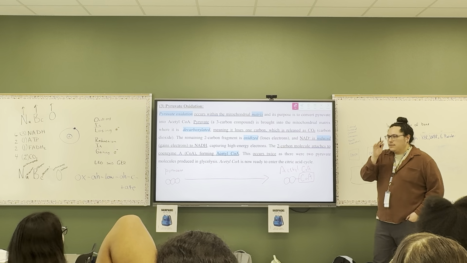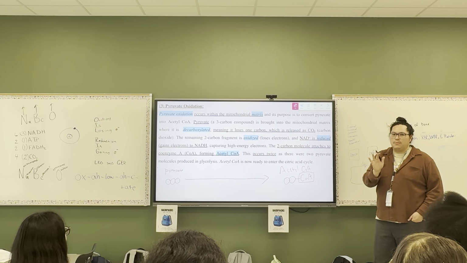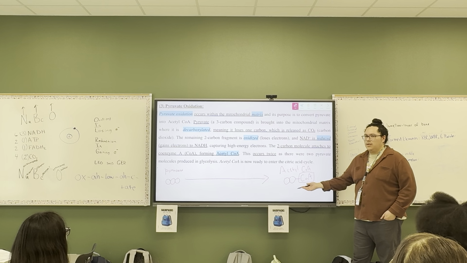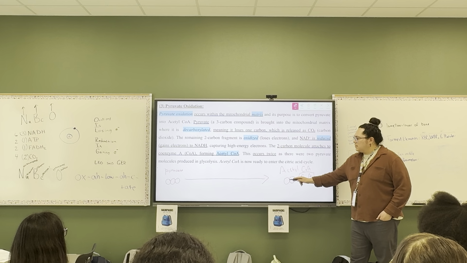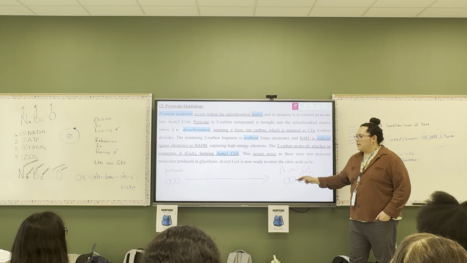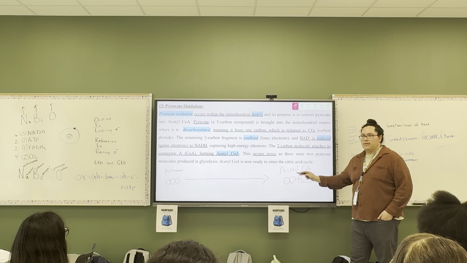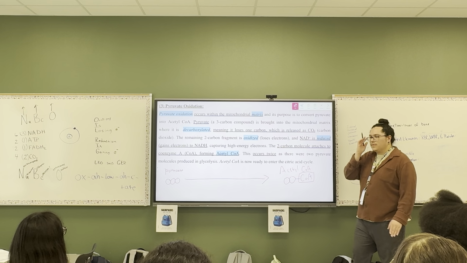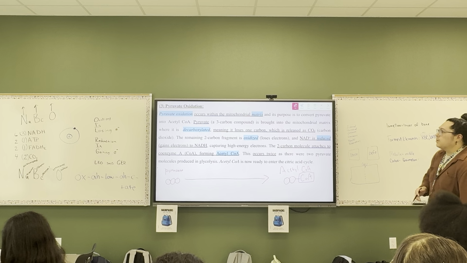That's all it is. So this whole process is really short and simple because all we're doing is taking 3 carbons and cutting a what? What are those little circles? Carbon. So we cut a carbon because it's only how many now? 2. That's all we're doing. And we're adding this guy over here too. Okay, just FYI.